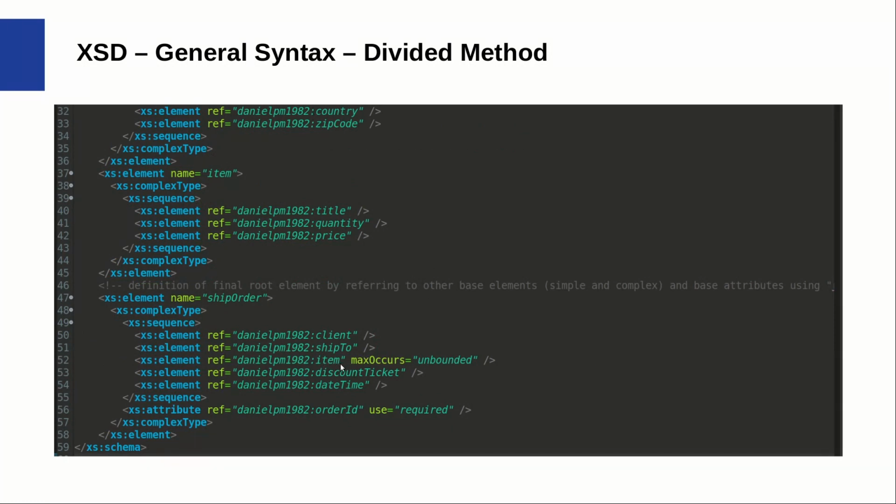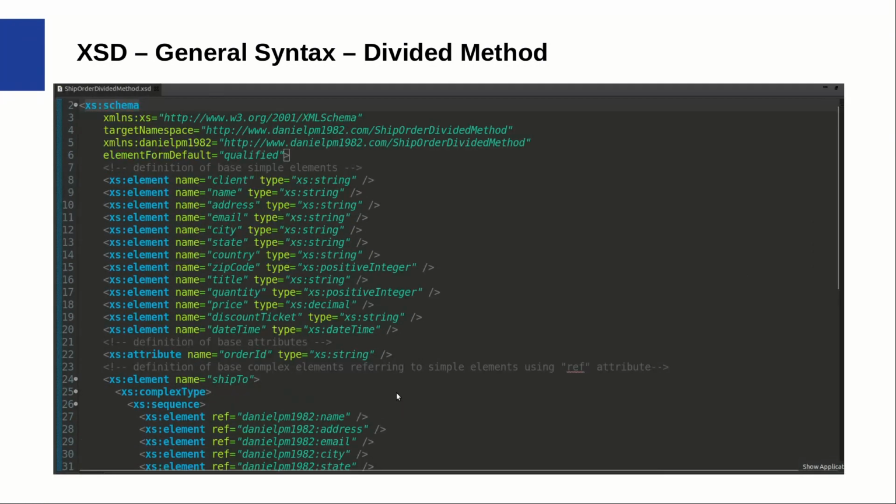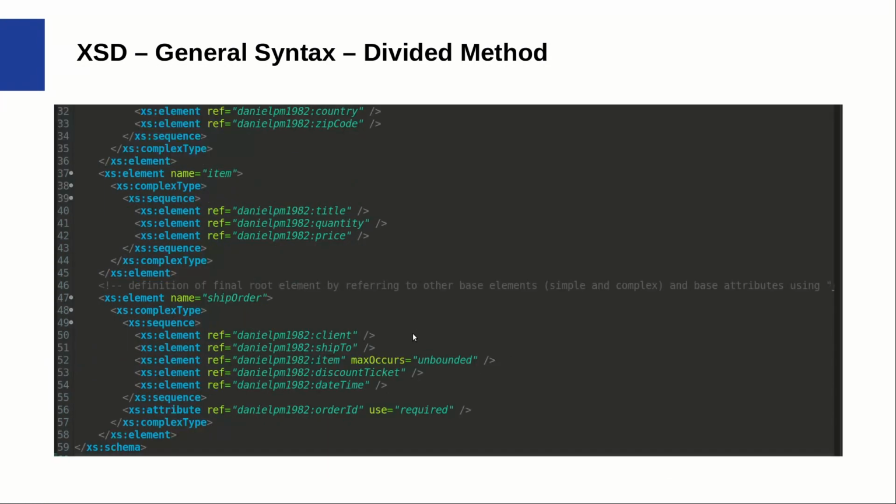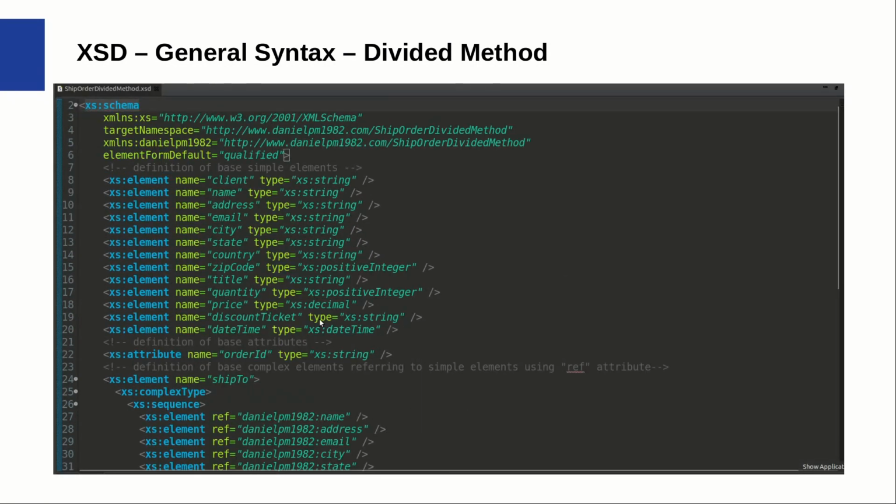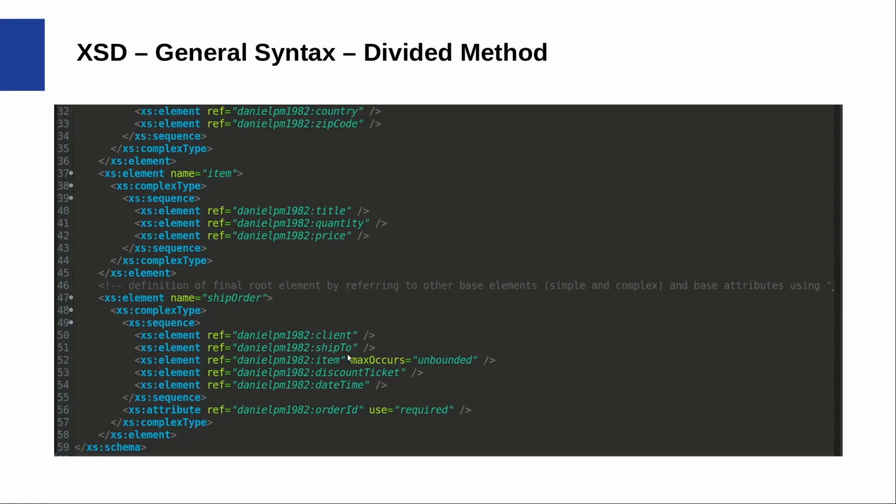The item complex element also has 3 other simple elements inside, as well as the discount ticket and date time, which are simple elements also declared globally. And here we also refer to a globally declared attribute, which is the order ID. You can see the order ID here. We declare the order ID globally, and we can reuse it at any element declaration.